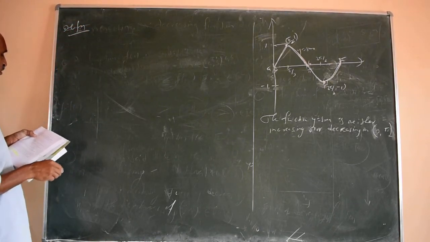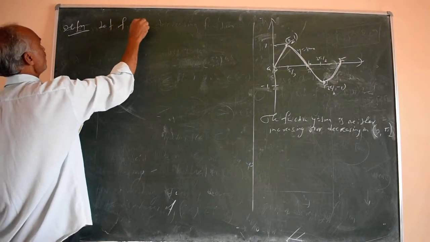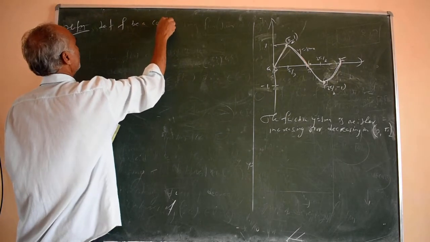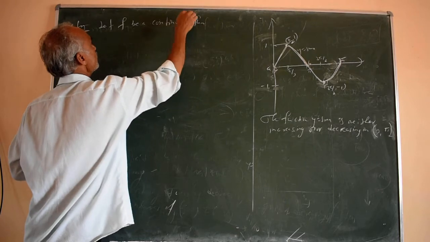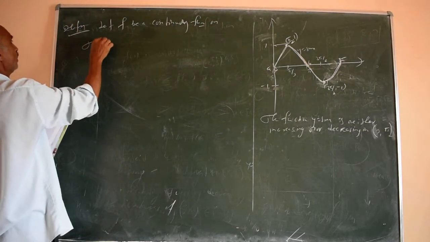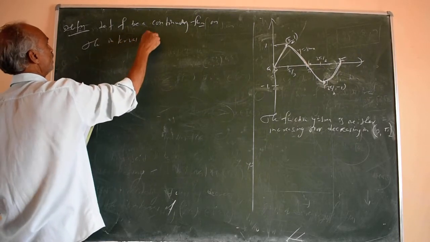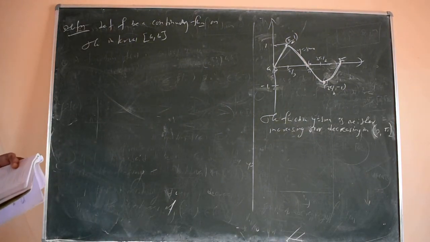Let f be a continuous function on the closed interval A to B. Continuity is on the closed interval and differentiability is on the open interval.